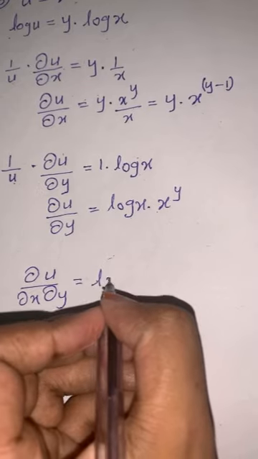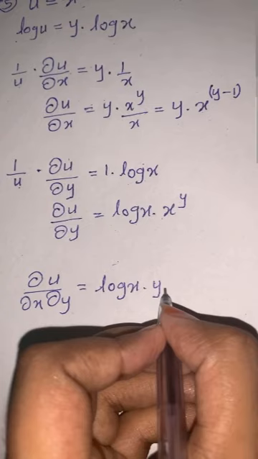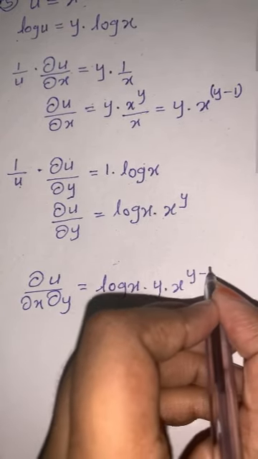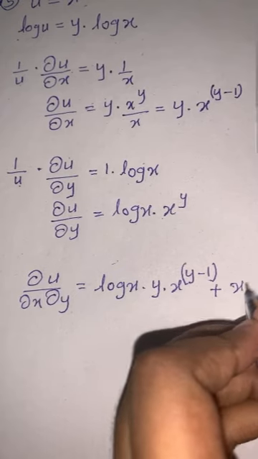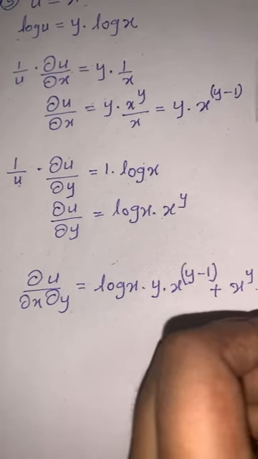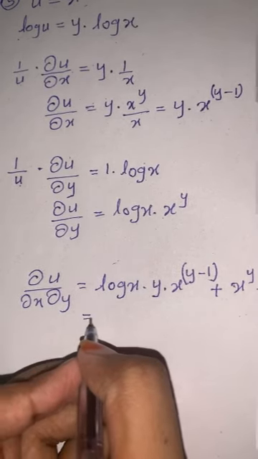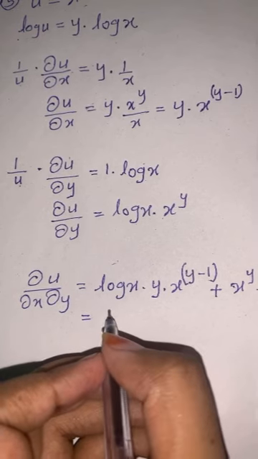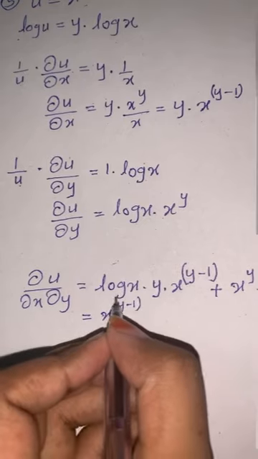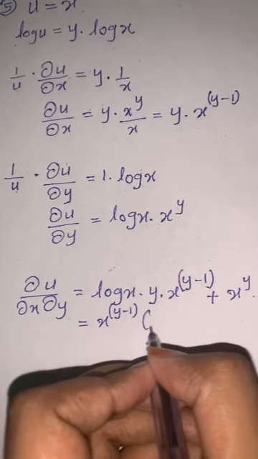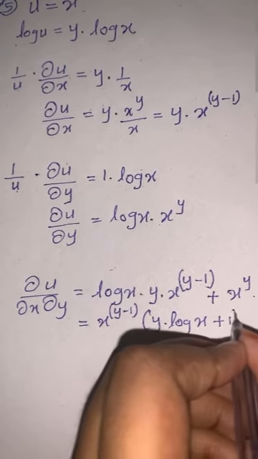So here we have to hold u here and differentiate y into x to the power y minus 1, plus x to the power y into 1 over x. This can be written as 1 minus 1. So if we take x to the power y minus 1 outside, we can write y into log x plus 1.